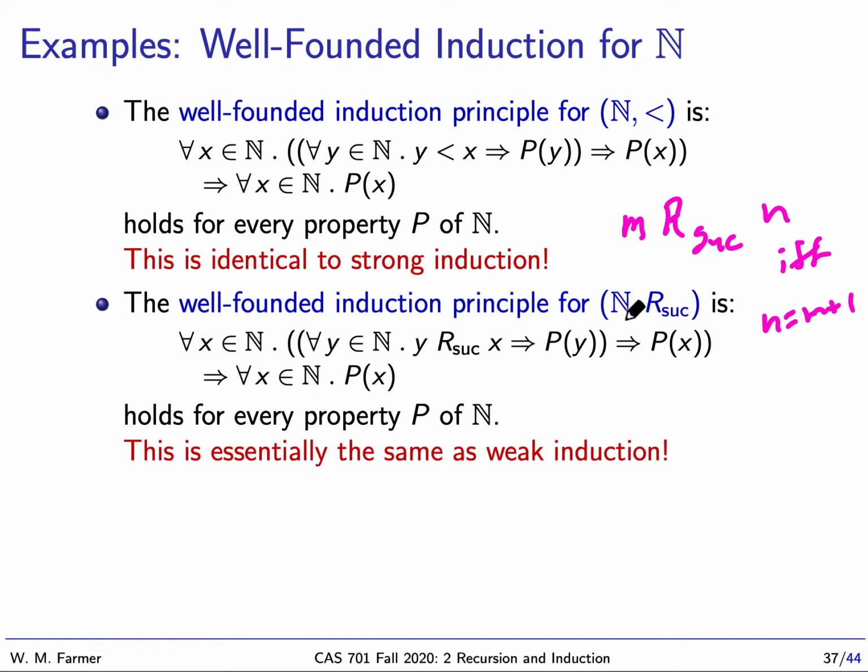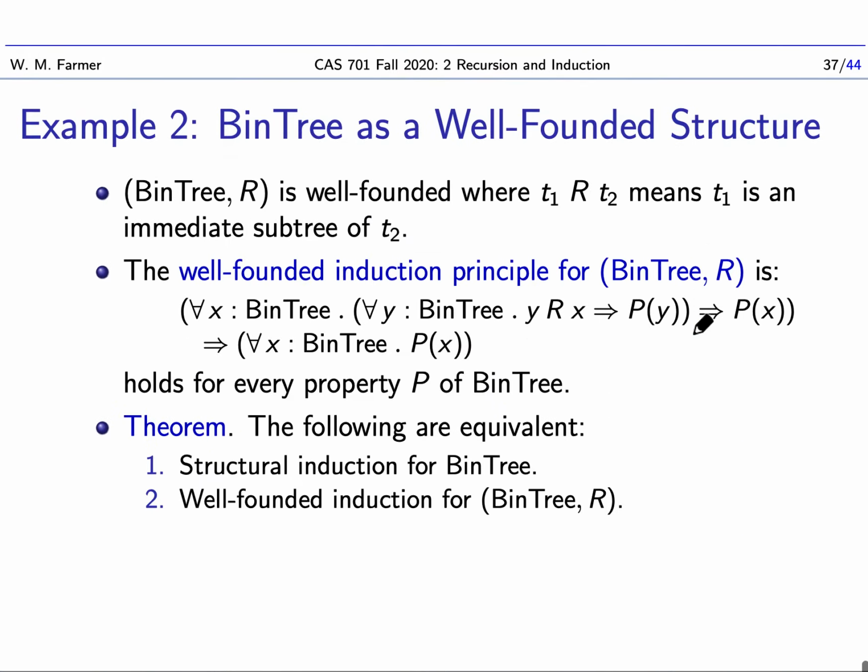So this is a well-founded induction principle, and this is essentially the same as weak induction. So for the natural numbers we talked about strong induction and weak induction. We can get both versions of induction from the well-founded induction principle by taking different well-founded relations. So for strong, we use the normal less than relation, and for weak, we use the successor relation.